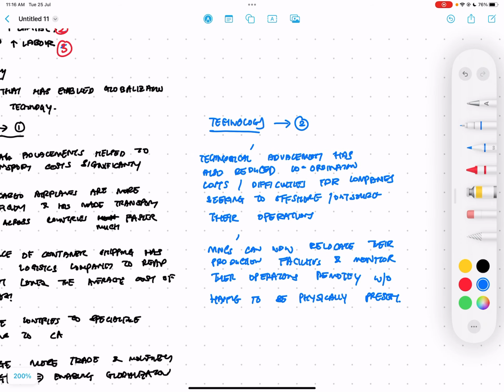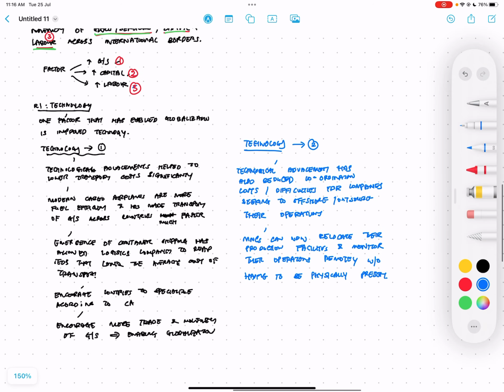So here in R1, I'll touch base with goods and services and capital with technology.